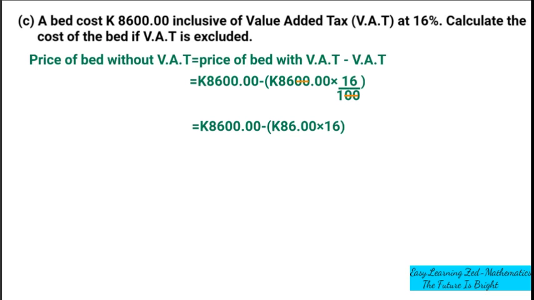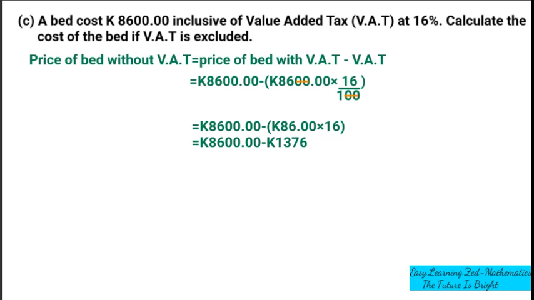Then I'm going to evaluate that. I write first 8,600 kwacha minus 86 kwacha multiplied by 16, which will give us 1,376 kwacha. So that is the value of VAT when we convert that percentage into money.